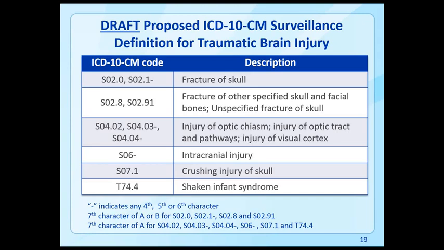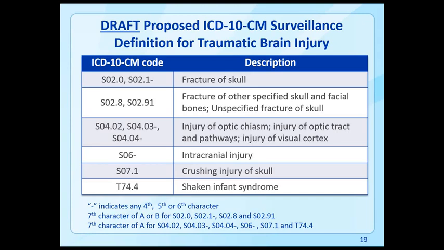Those are codes S02.8 and S02.91. Injuries of the optic tract and pathways, as well as the visual cortex. Code category S06 is intracranial injury, so that would include everything labeled as a concussion. S07.1, crushing injury of the skull, and then T74.4, the shaken infant syndrome.